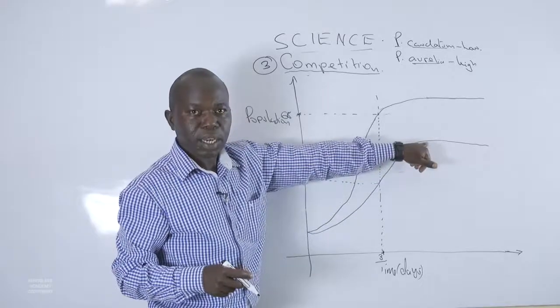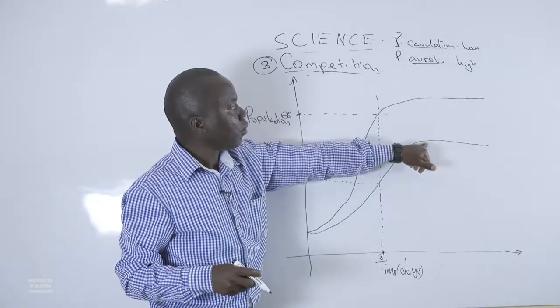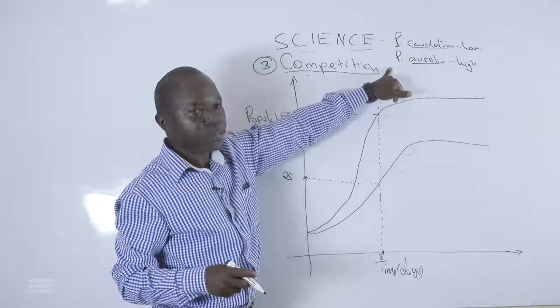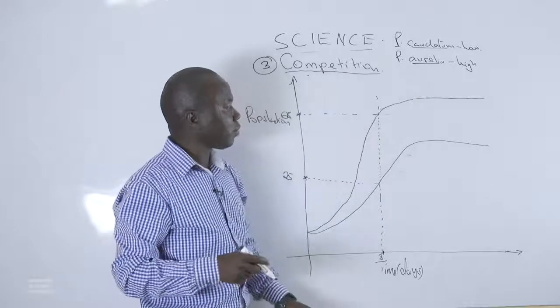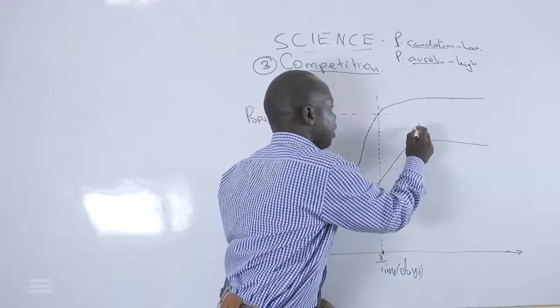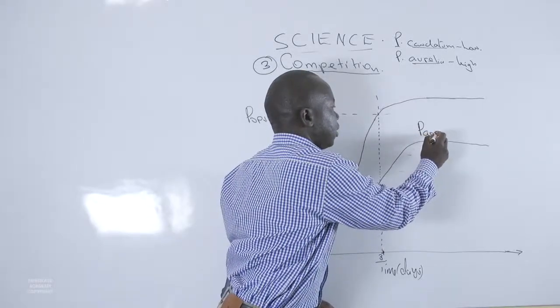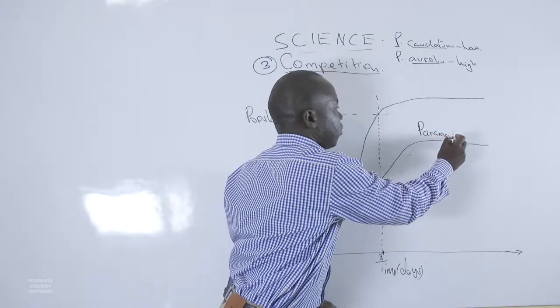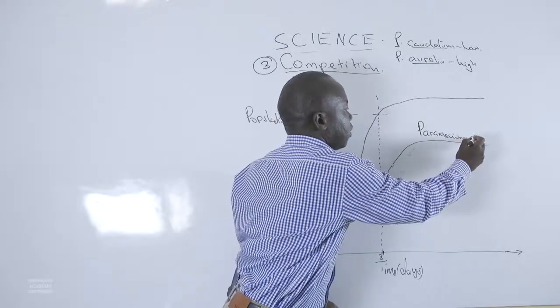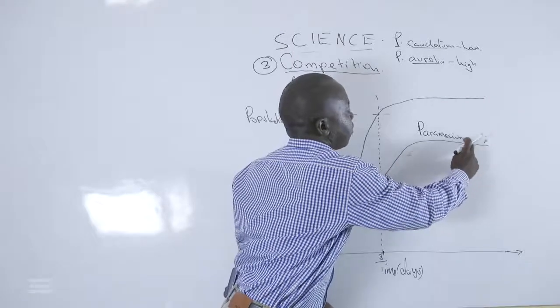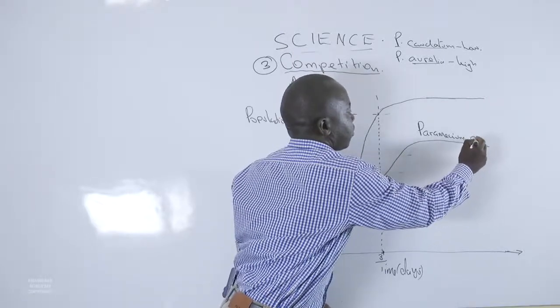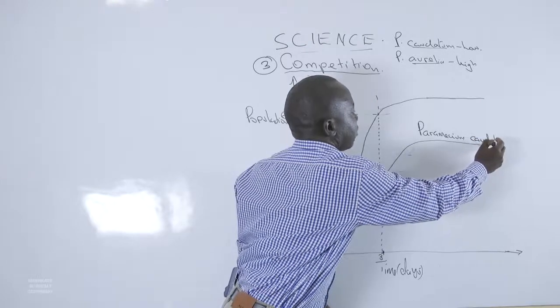So this curve here will represent the Paramecium that has low reproductive potential. So this one becomes Paramecium caudatum.